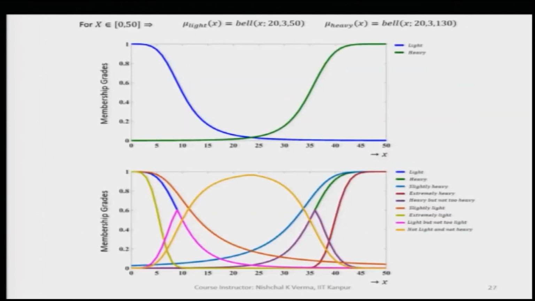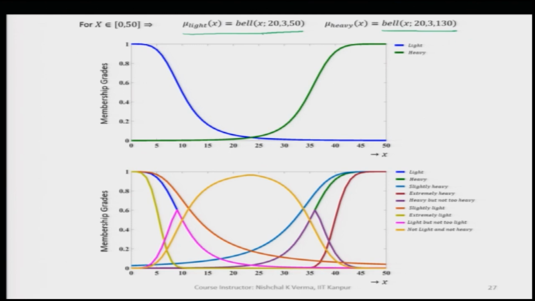Now, the same can be represented together. We see that we have a bell shaped membership function for the light linguistic value and a bell shaped membership function for the heavy linguistic value, but the parameters of this bell shaped membership function are different for light and heavy.